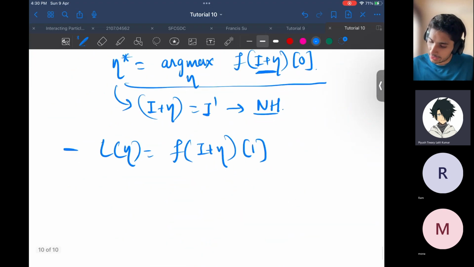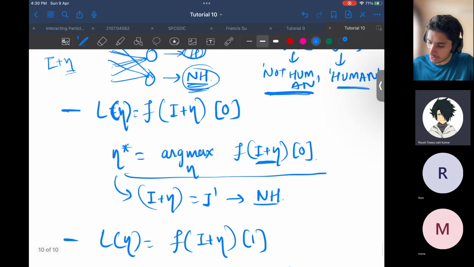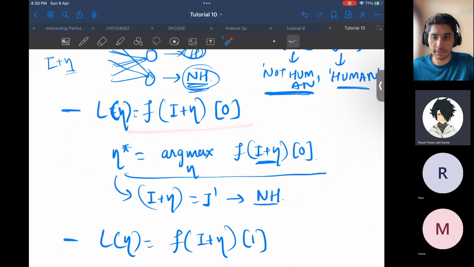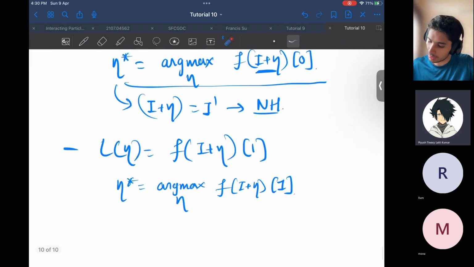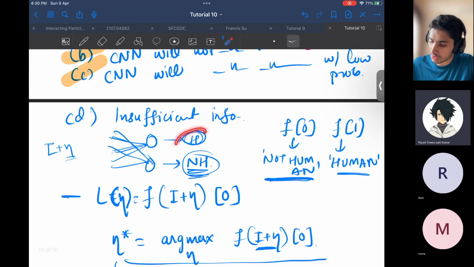This time, my eta star is going to be argmax over eta of f of I plus eta, the first logit of it. So what I'm saying is similar to the previous scenario where I maximized the zeroth logit of the network. Now I maximize the first logit of this network, and the first logit corresponds to detecting human.